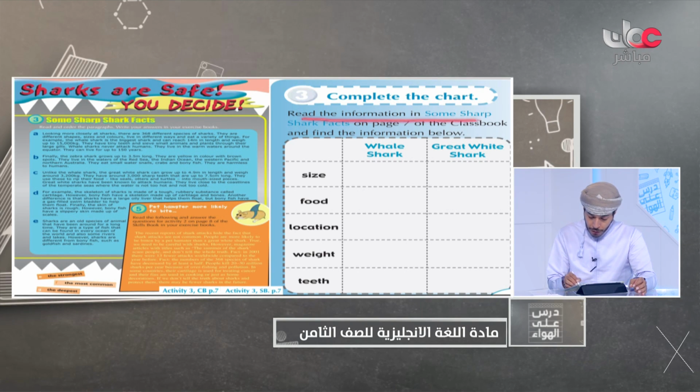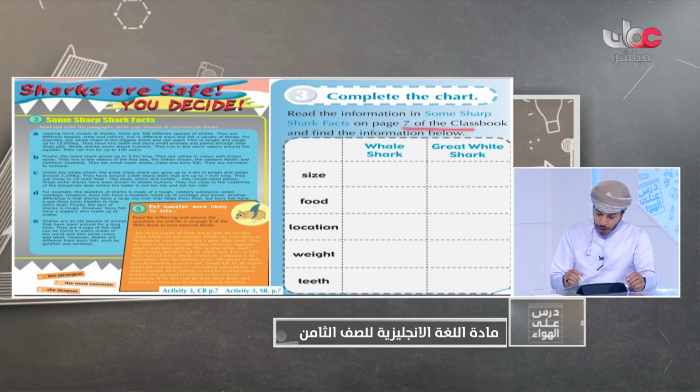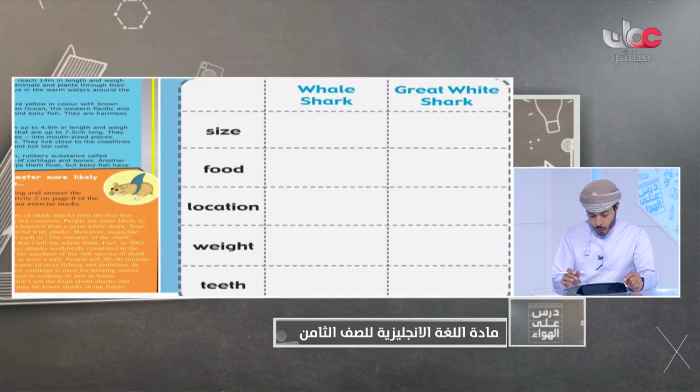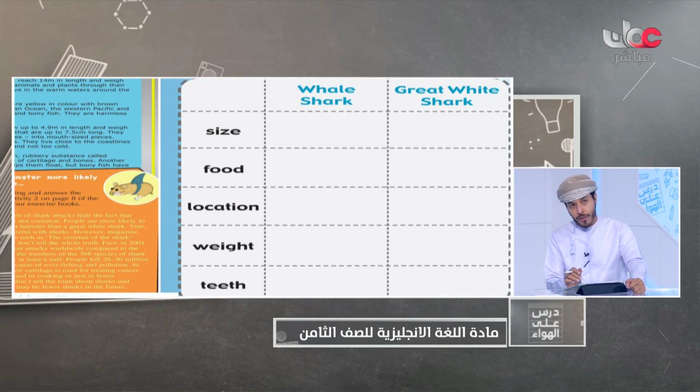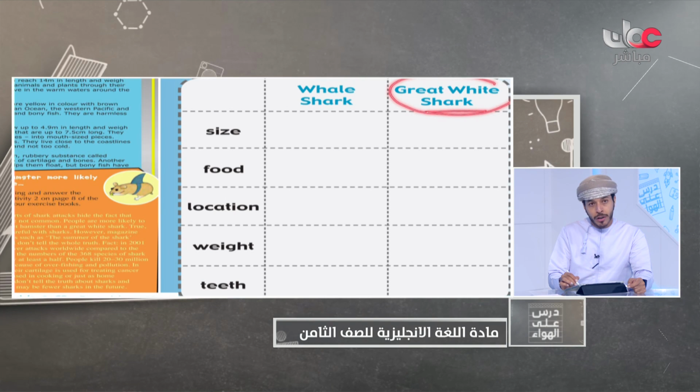Read the information in some sharp shark facts. So here we have different information about different types of sharks. On page 7 of your class book, find the information below. In the table in your skills book, page 7, you will have some information about the whale shark and also the great white shark.